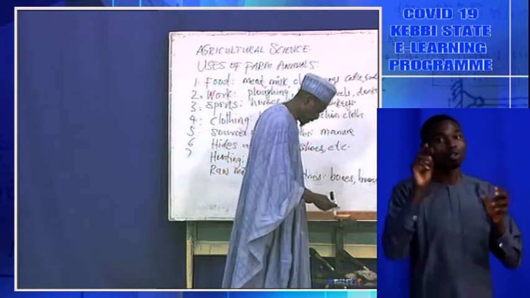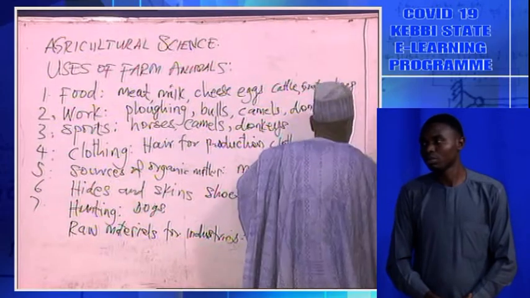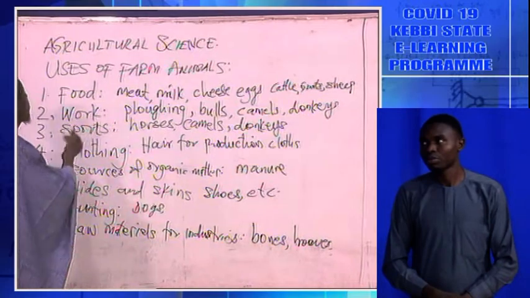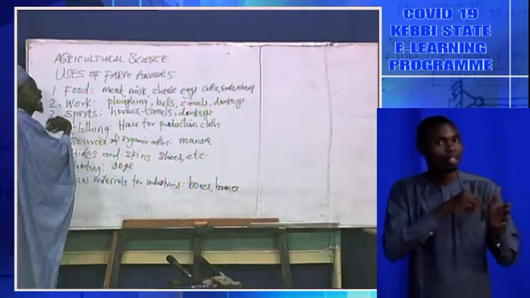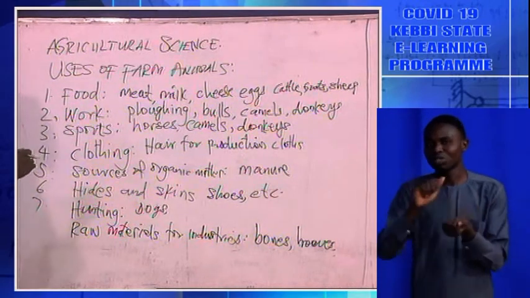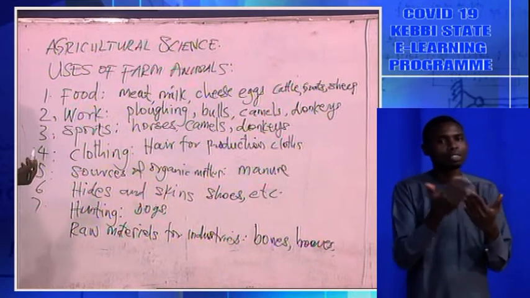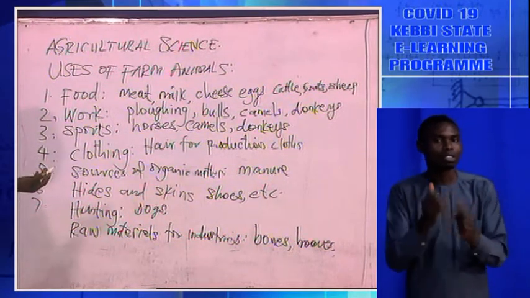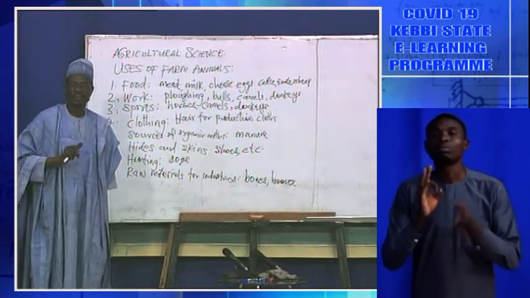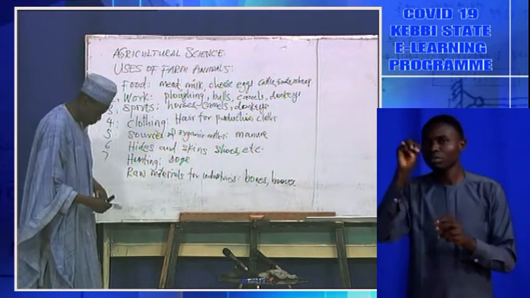Now, we have seen the importance or the uses or the gains of farm animals and the examples of their produce we get. So, can we now see whether we have gotten exactly what the lesson is about?